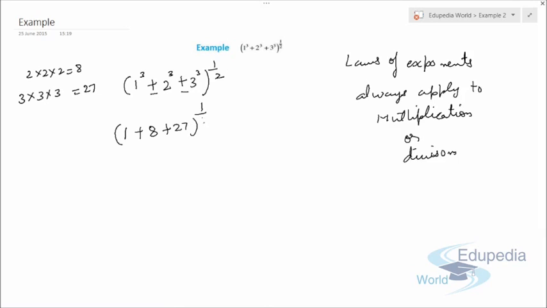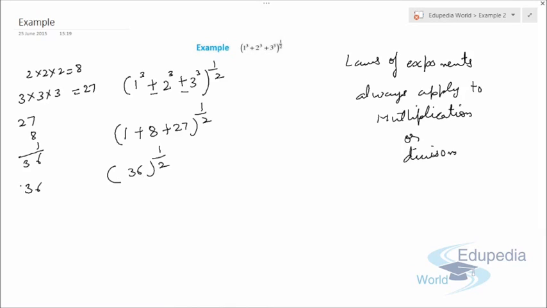raised to power 1 by 2. Now we will add these three numbers, so it will be 27 plus 8 plus 1, so it will be 36, so it will become 36 raised to power 1 by 2. Now further we have to check whether 36 is a perfect square or not, so we'll try to factorize 36.